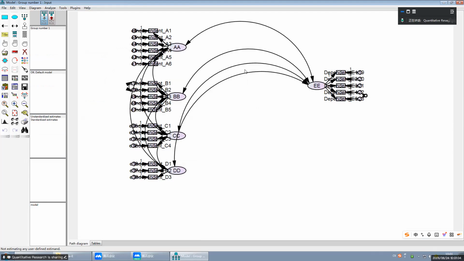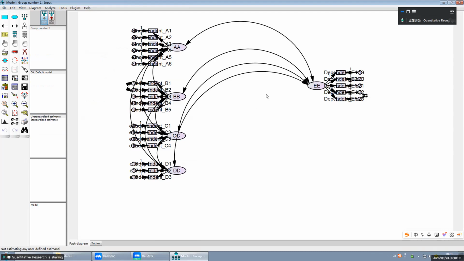Then we transfer to mediation analysis. Now this is the measurement model, and we already know how to test the measurement model and where to find the criteria for the measurement model.